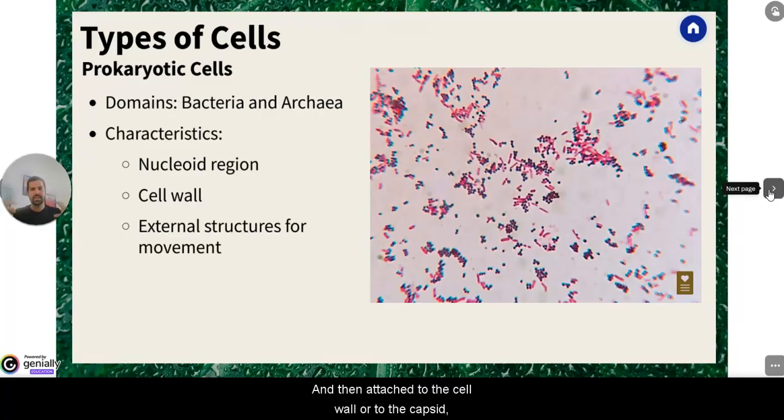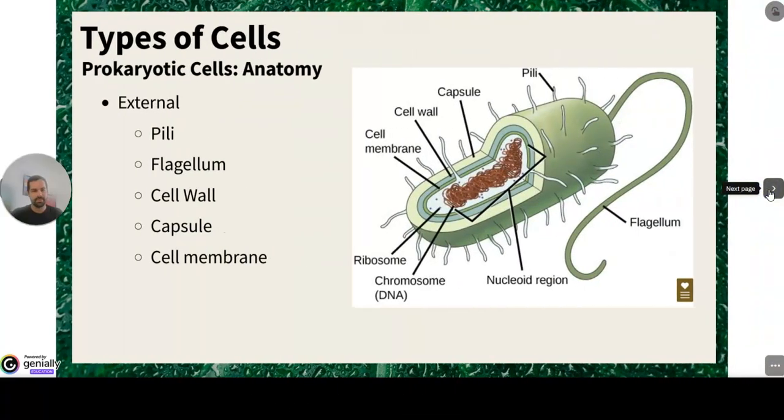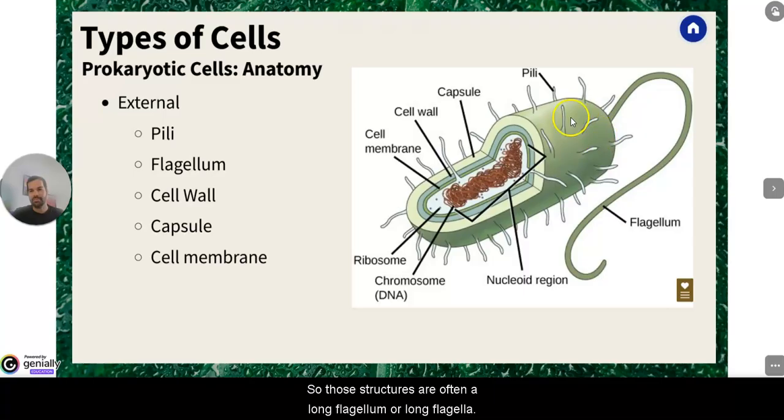And then attached to the cell wall or to the capsid there are these external structures for movement. So those structures are often a long flagellum or long flagellae. Then we have these pili, these little smaller wiggly bits that help them move.